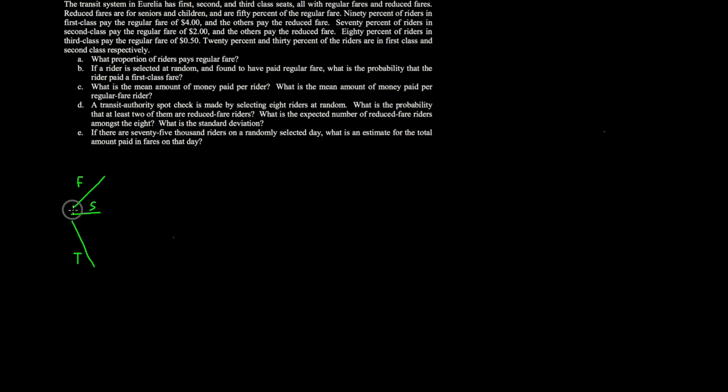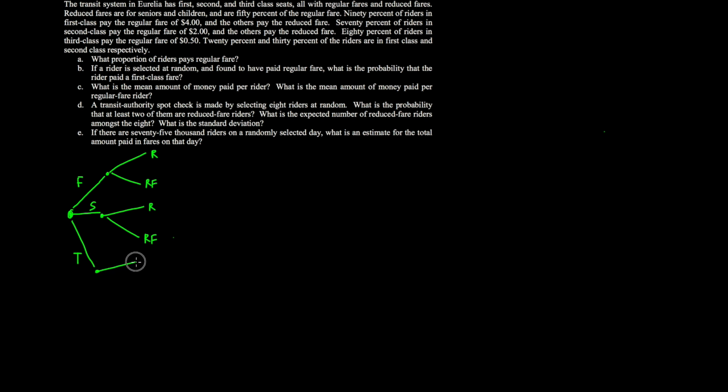So this all stems from the same dot. And then given that you're first class, you'll either pay regular or reduced fare. So regular or reduced. Given that you're in second class, you'll either pay regular or reduced fare.